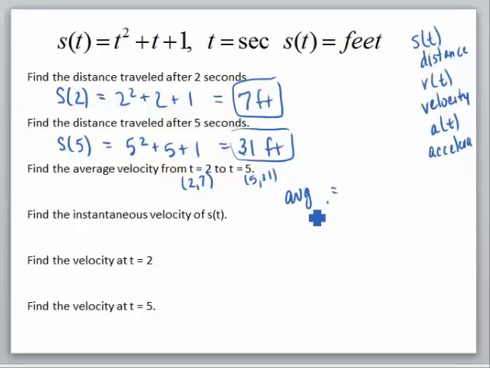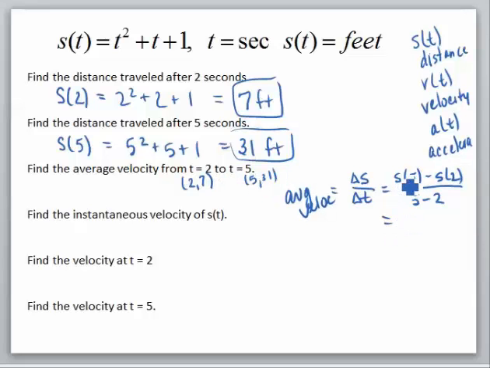Average velocity equals the change in distance, the change in s, over the change in time, which is the same thing as saying s of 5 minus s of 2, that's your change in distance, over your change in time, 5 minus 2. The time was 2 to 5.